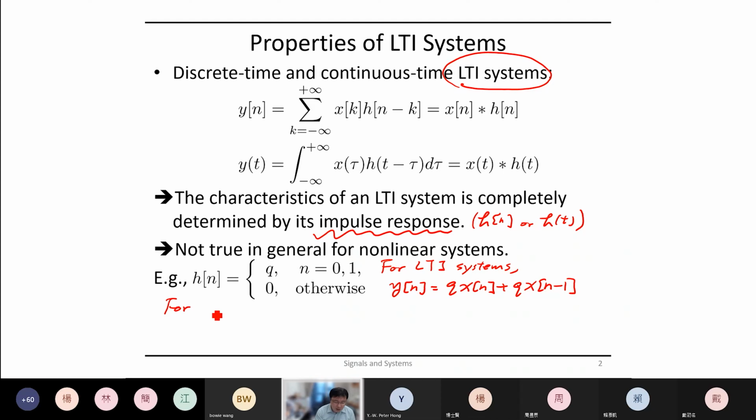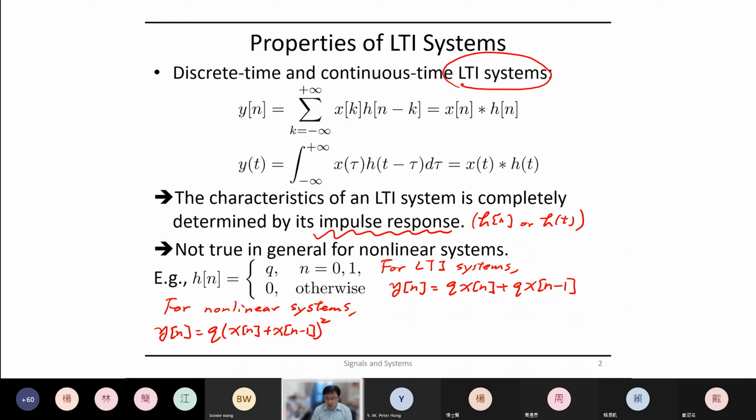Suppose that your system is nonlinear. Then your input-output relation may not be unique. It can be several different things. For example, you can have y of n equal to q times x of n plus x of n minus 1, squared.